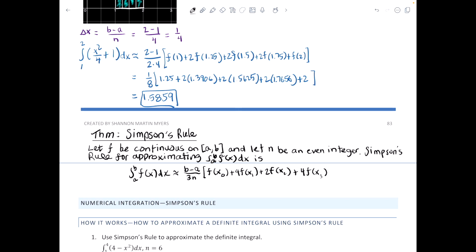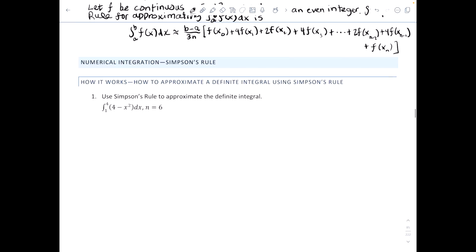The 2, 4, 2, 4 keeps going until you get to 2 times f at x sub n minus 2 plus 4 times f at x of n minus 1, and then plus f at x sub n. Cool, cool? All right, so let's see how it works.